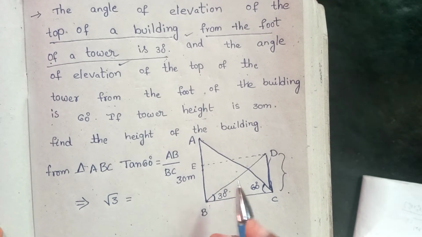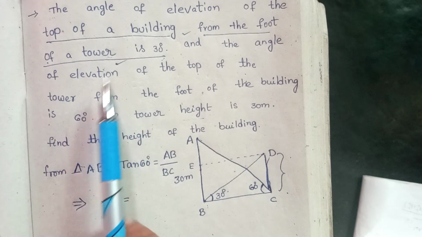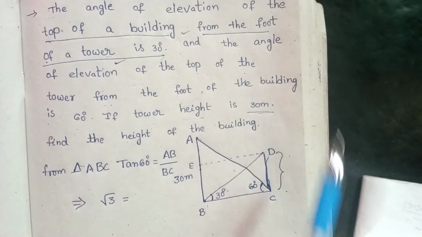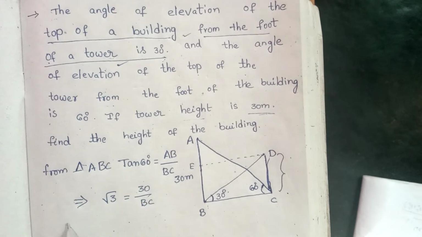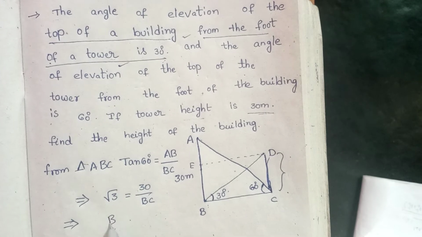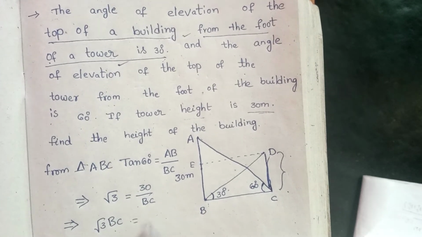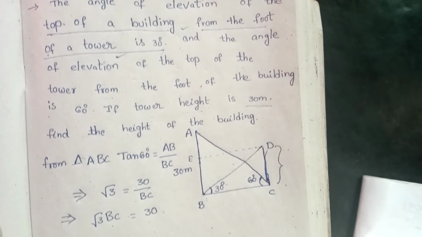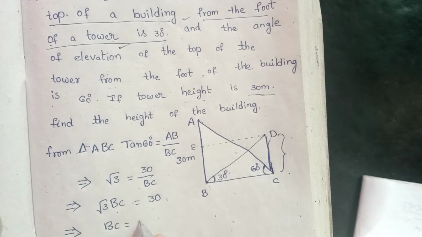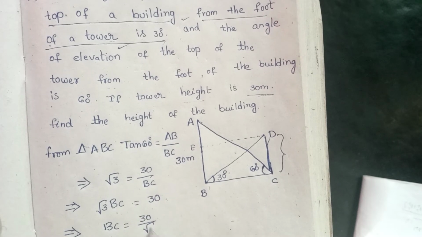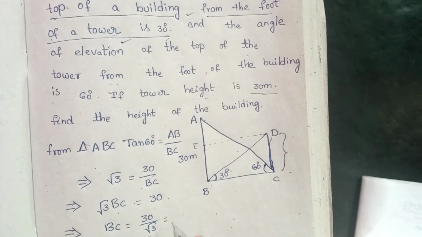AB's height is given in the problem. Tower height is how much? Tower height is 30 meters. So 30 by BC. Next, take cross multiplication. That means root 3 BC equal to 30. That is BC equal to 30 by root 3. We can write 30 as 3 multiples to cancel the root 3.